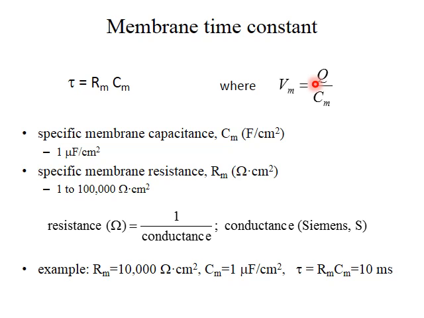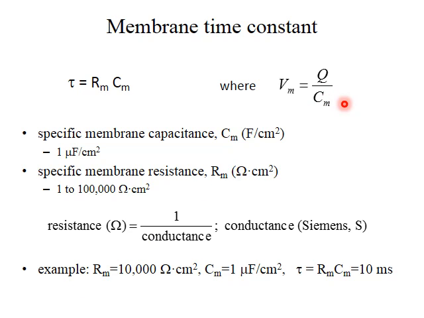This is a somewhat difficult concept, but there is one relation that involves the membrane capacitance which is useful to know and will help you understand its importance. This relation says that the membrane potential, Vm, equals Q, the charge difference between the inside and the outside of the cell, divided by the membrane capacitance.